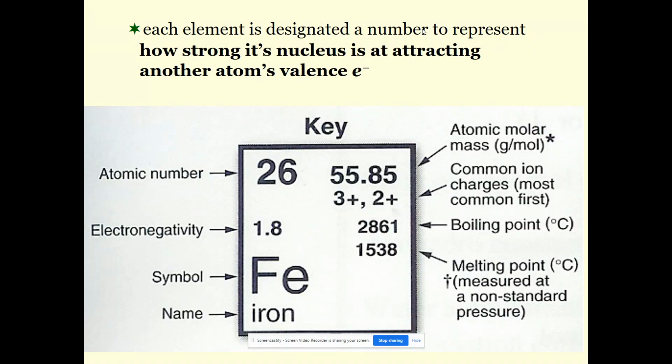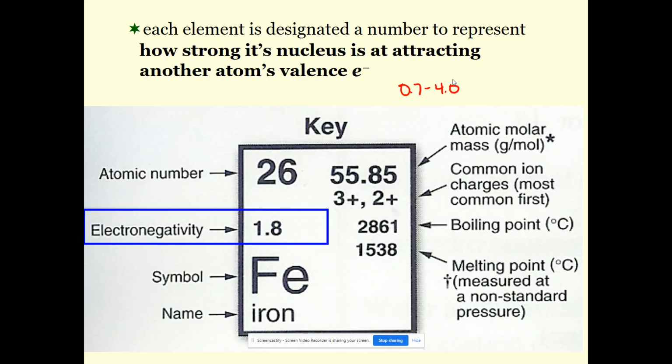Now, there's actually a number assigned with an element to show how strong its nucleus is at attracting another atom's valence electrons. So how strong is it at pulling a pair of shared electrons from another atom? That number is written right above the element symbol on your periodic table. The numbers range, I believe, from 0.7 to 4.0.